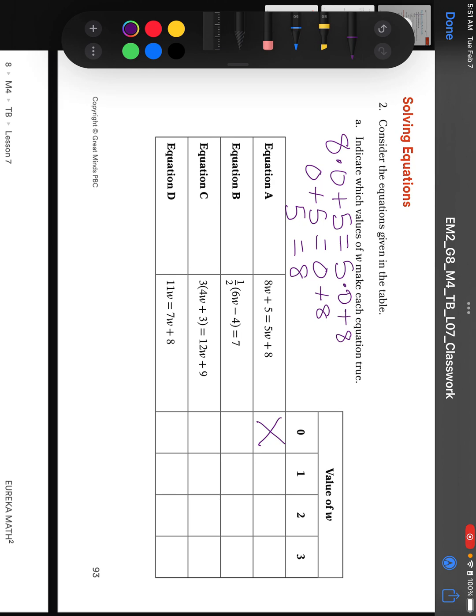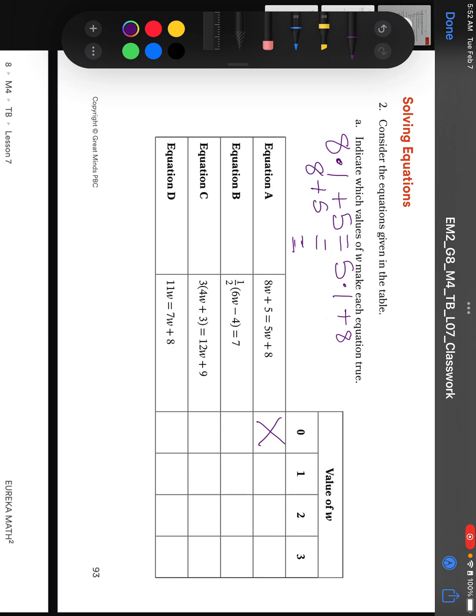So then we're trying each number, looking for any values that make this equation true. So again, into the same equation, instead of writing 0, I am now going to write 1 and evaluate each side of the equation using 1. 8 times 1 is 8.